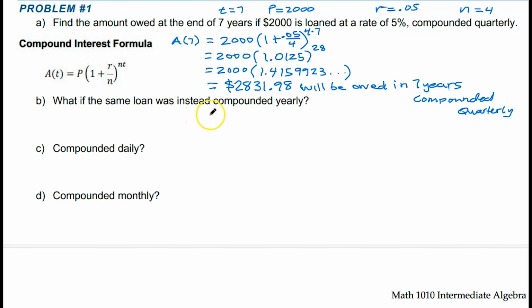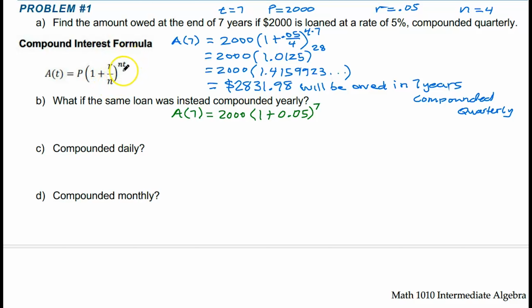So what if the same loan was instead compounded yearly? So everything's going to stay the same on there, except that instead of compounding it 4 times a year, it's going to be compounded once a year. All right, so notice that when we take our rate and we divide it by 1, because now our n is 1, that's just going to give us our rate.